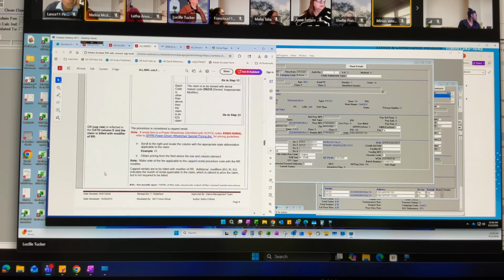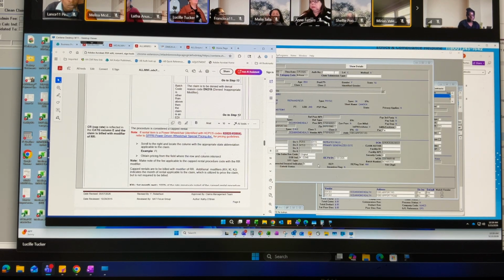So now I'm down here at the bottom of page 8 where it says capped rental is reflected in the category column E and the claim is billed with an RR modifier. The first thing it's asking me is the procedure code is considered a rental, and then if rental item is a power wheelchair with CPT falls within these guidelines, I'm going to the SPPRI power-driven wheelchair.